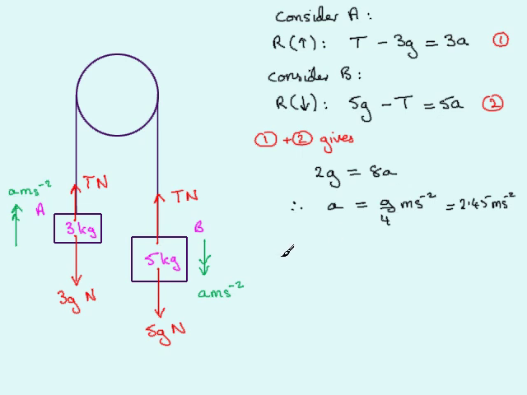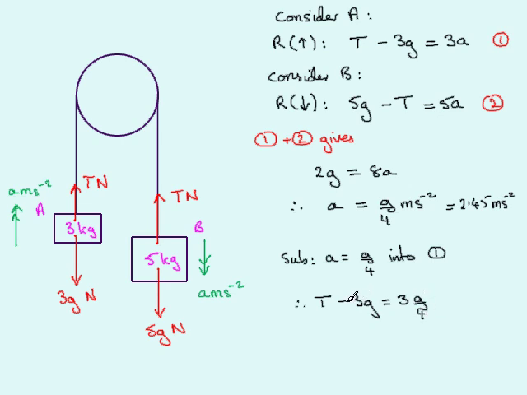So if I sub a equals, let's work in terms of g. So we'll say sub a equals a quarter g, okay, g upon 4 into equation number 1. And if I do that, I will have that the tension, T, minus 3g equals 3 times a quarter g, 3 times g over 4, which is going to give 3/4 g.